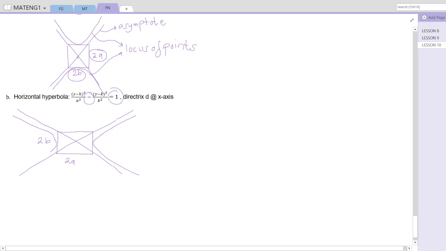The asymptote doesn't meet the curve. So it forms the horizontal hyperbola, which is the locus of points, or these are the loci.